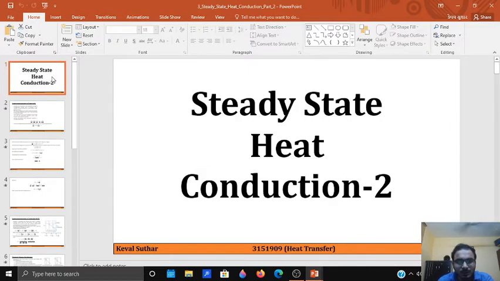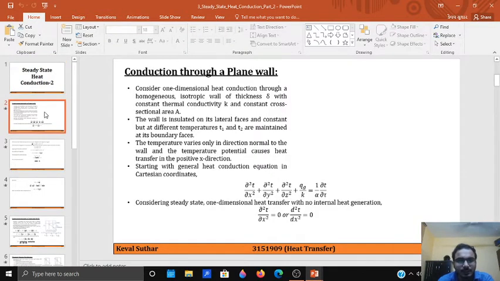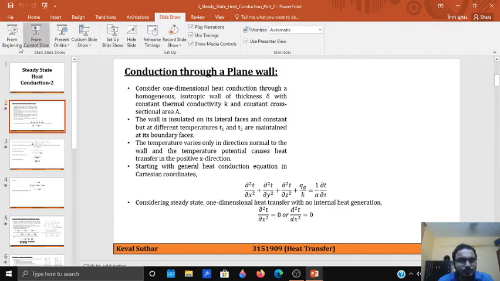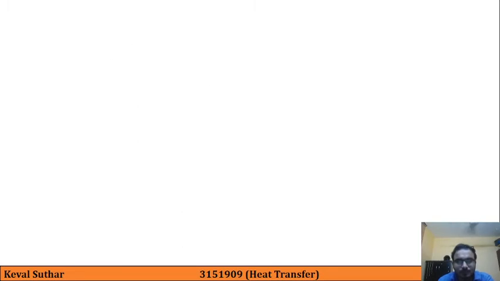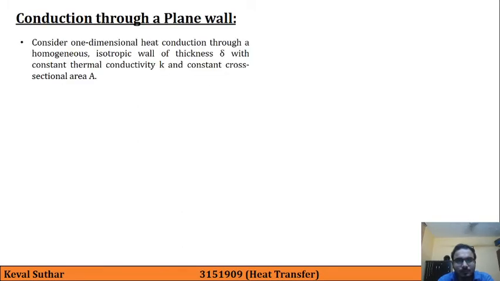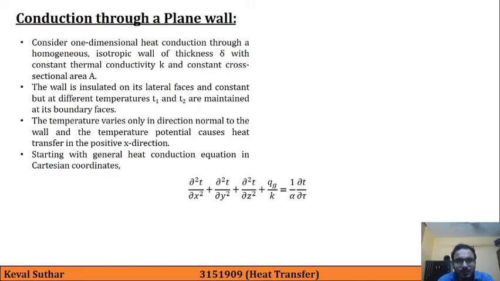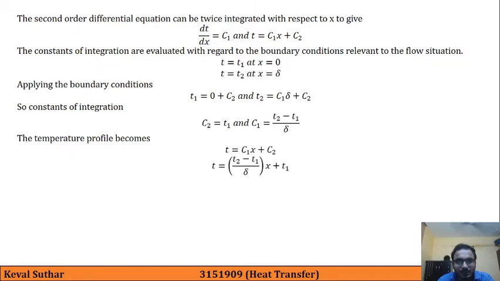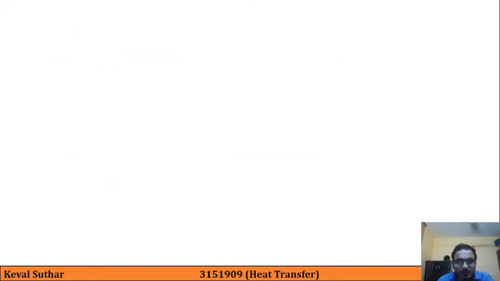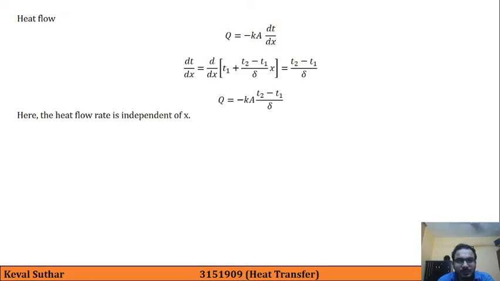So here we started with conduction through a plane wall, in which we started with Cartesian equation and we obtained the temperature profile. Based on that, we calculated the heat flow rate.